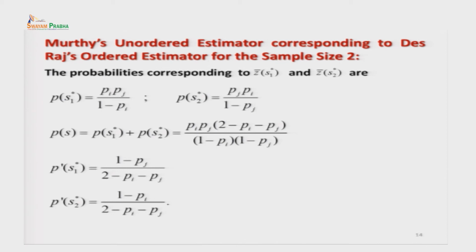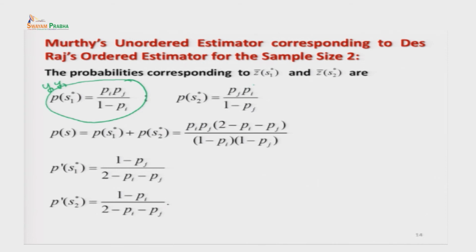Now you have already done this in the case of the Deshraj estimator. What was the probability of drawing yi, yj and yj, yi? The probability of selection of the first sample S1 star, corresponding to yi, yj, will become pi pj upon 1 minus pi, and for the second sample you simply interchange i and j.